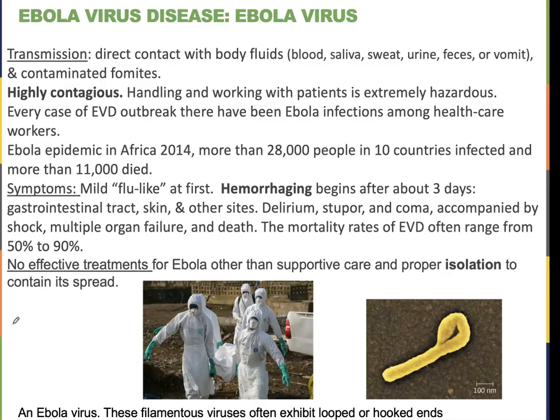Our next virus here is going to be Ebola. Ebola virus causes a very awful disease. So the transmission is from the body fluids, any body fluid, blood, saliva, sweat, urine, feces, and it can get on contaminated fomites. It's very highly contagious.